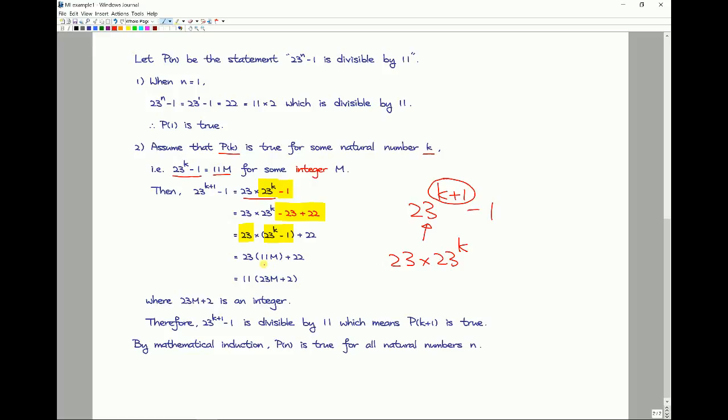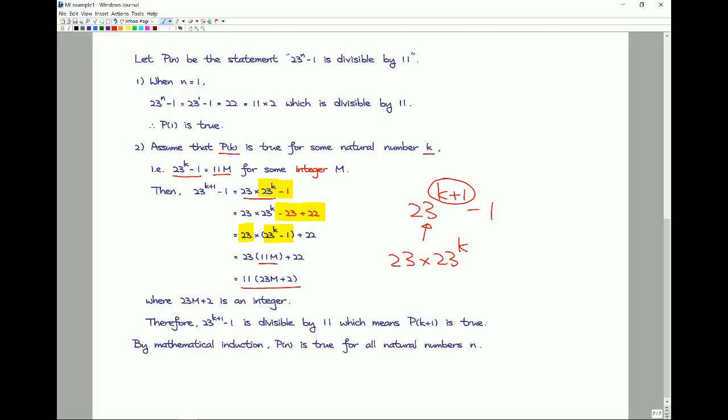So now you can replace it by 11 times m, and after simplification, you see 11 times 23m plus 2. And you can see why we have to emphasize that m is an integer.